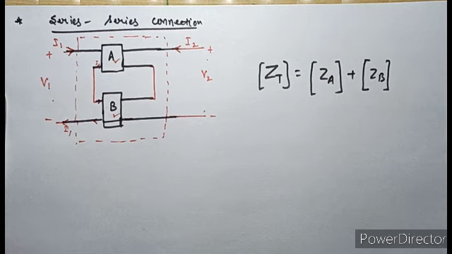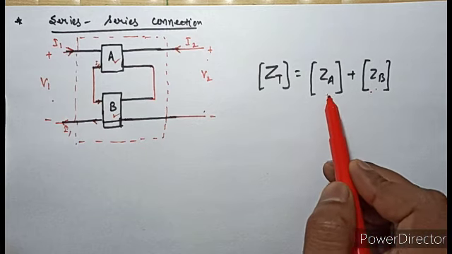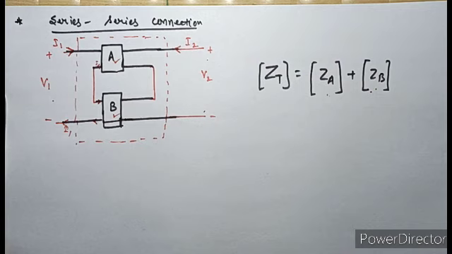I once again repeat, in series connection the individual Z matrices get added to form the resultant Z matrix, right?